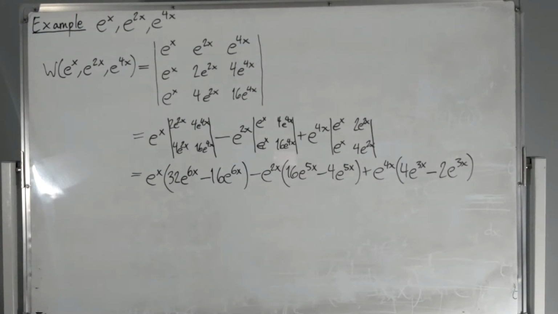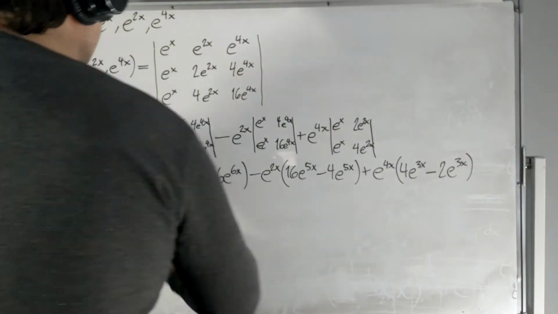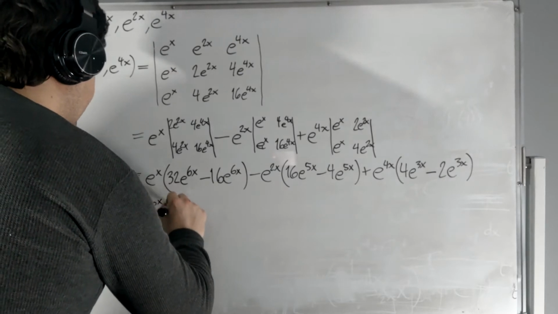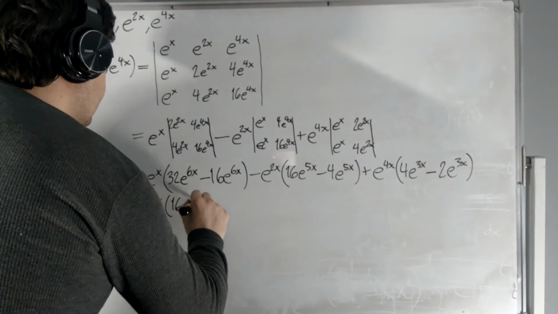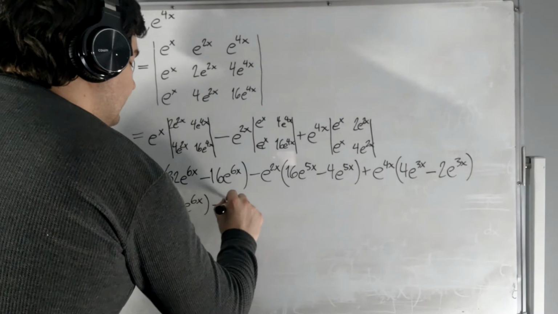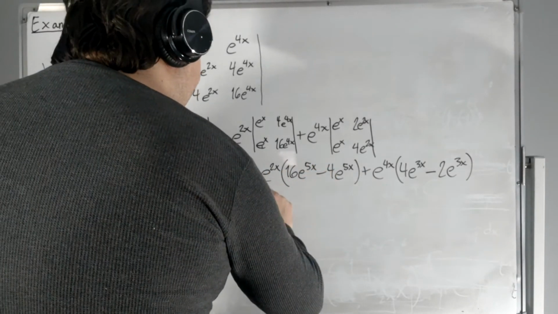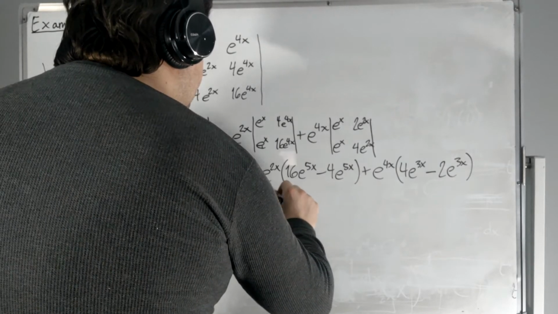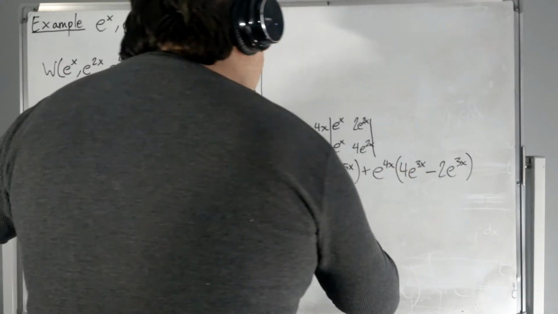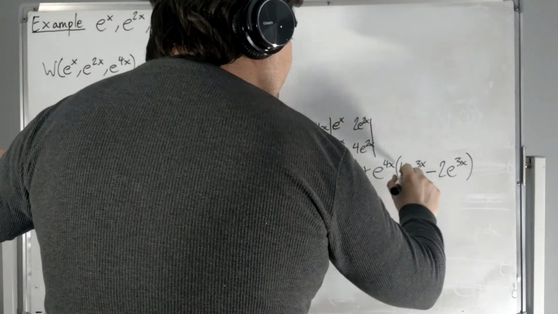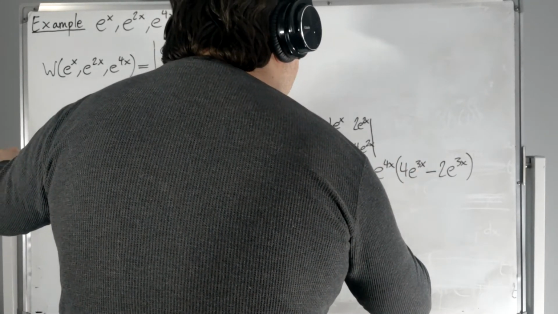And then the only question left is whether that is constantly 0. Well, let's see here. This is going to be e to the x multiplied by 16e to the 6x, minus e to the 2x multiplied by 12e to the 5x, plus e to the 4x multiplied by 2e to the 3x.